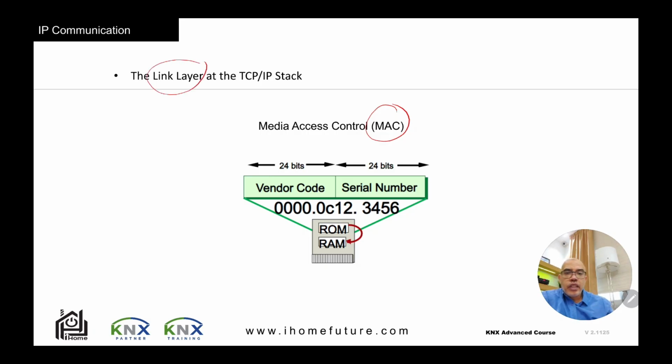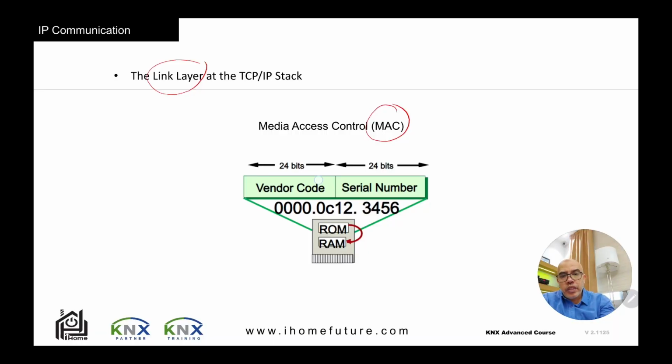in our TCP/IP model. A MAC address is a very simple number. It's a unique address, and as usual, an address that is unique will have a hierarchy, like we say in an IP address or an individual address. This MAC address mostly comes with the device itself. So any network card that you have, wireless or wired, will have a MAC address coming from the factory. It has 2 parts, each part is 3 bytes. One part is the vendor code, one part is the serial number.